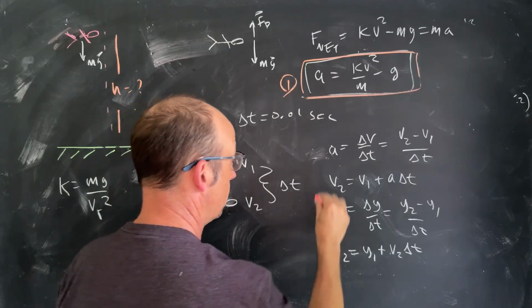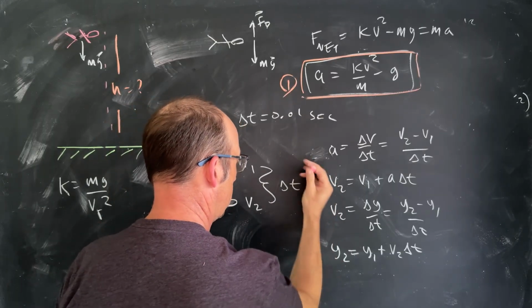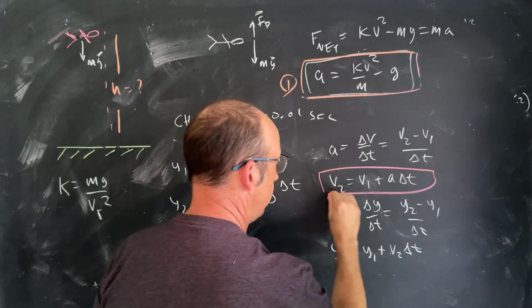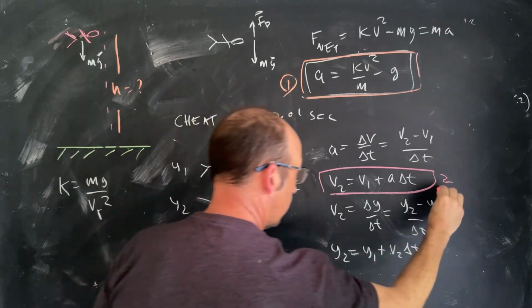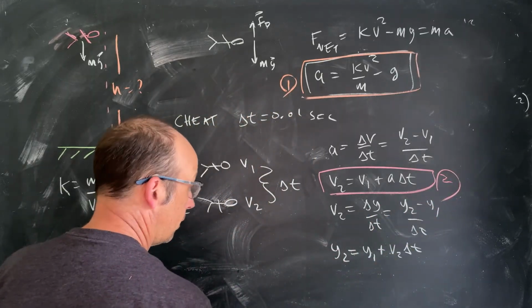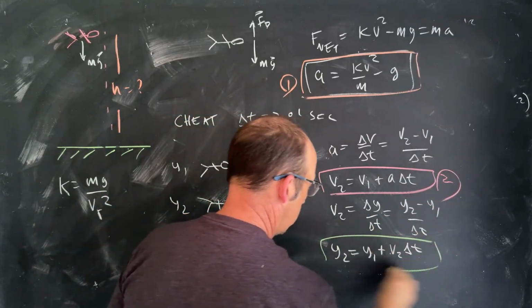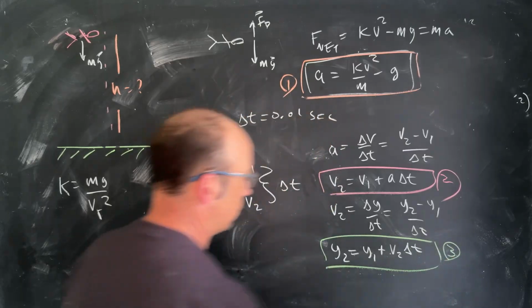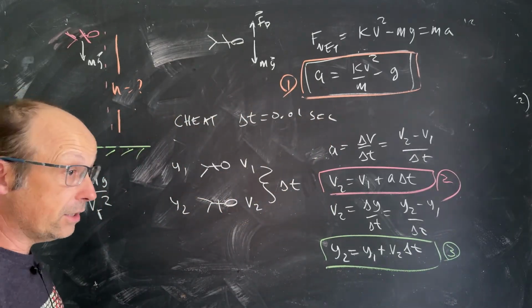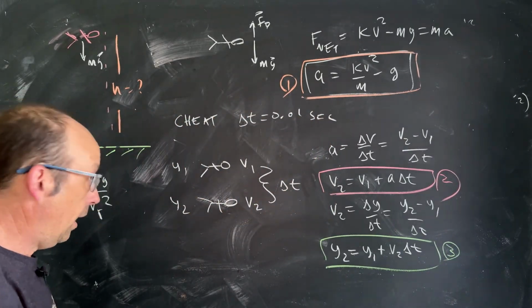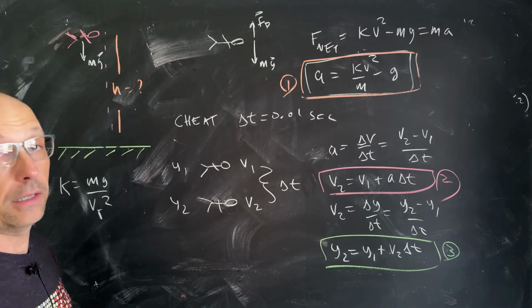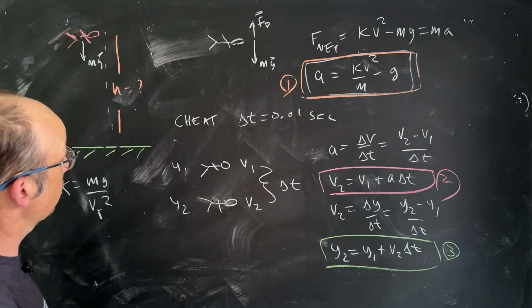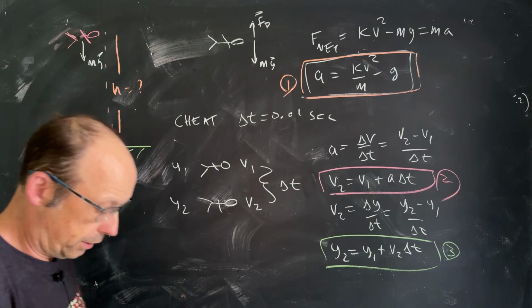Step 2, update the velocity. And then step 3, update the position. And they just keep doing it over and over and over again. And nobody has time for that. So we're going to do it with Python. So let's get to it.